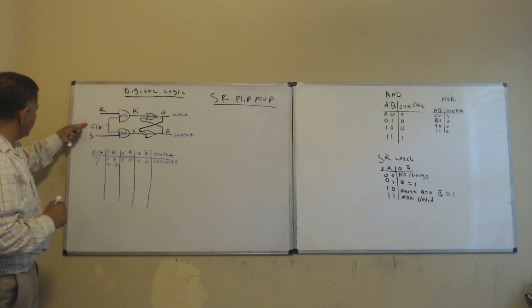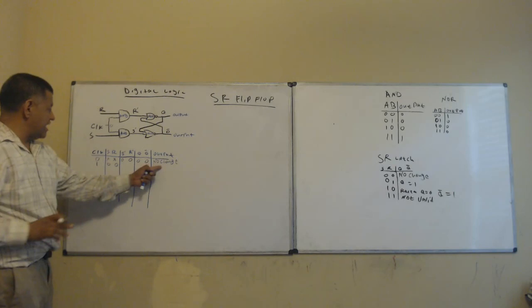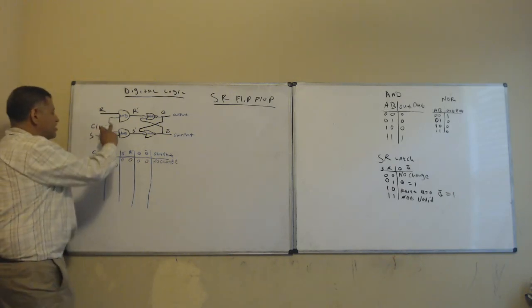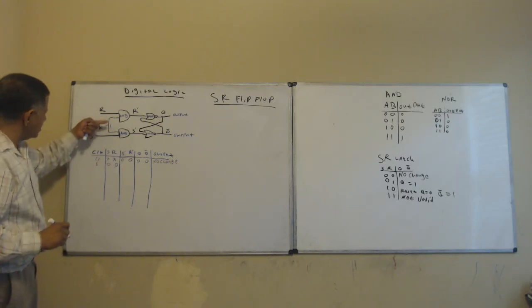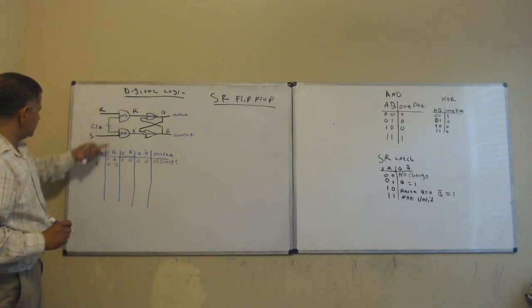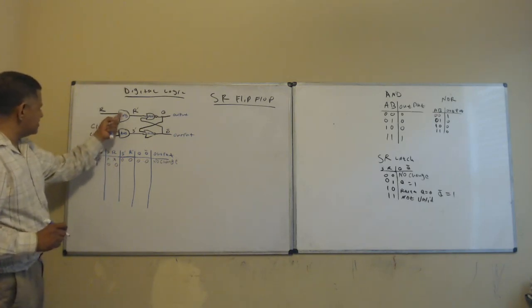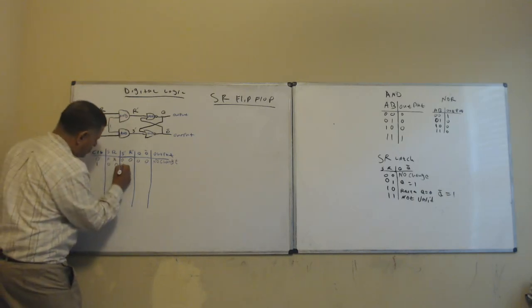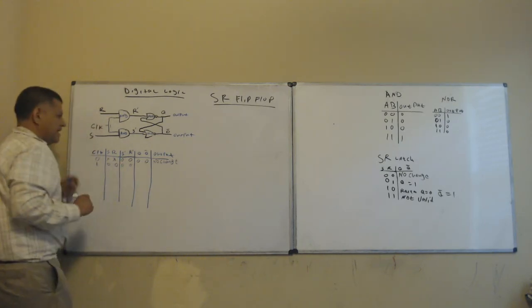Clock is equal to 1, right? In this case it was 0, no change. We got that. Now let's change the clock to 1. Is anything changing? No, it doesn't change anything. Because technically clock is equal to 1, but then this is still 0, because it's an AND gate, right? So it's going to be 0, 0.